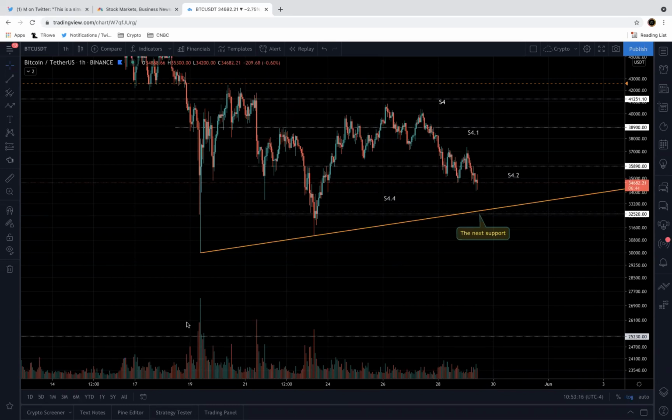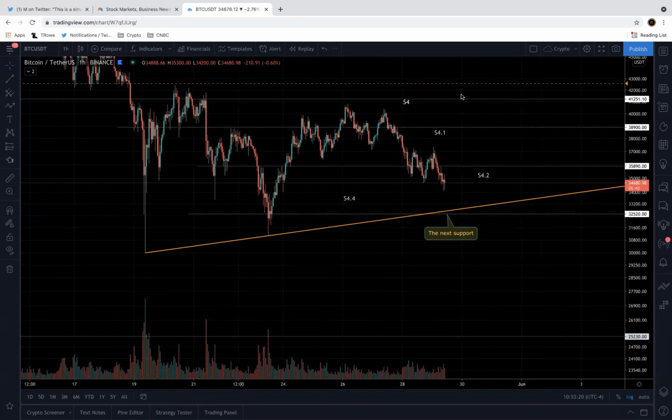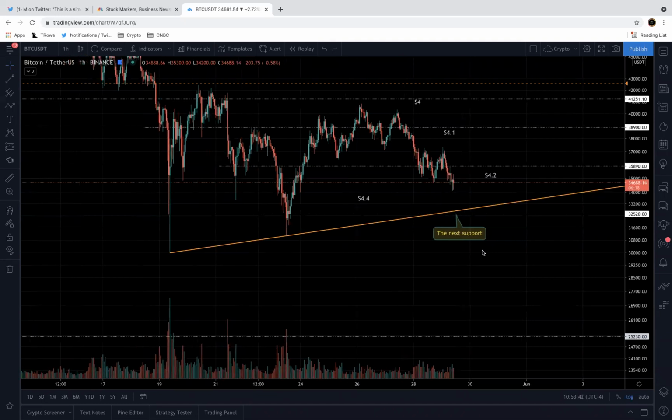So we are going to track this level S4, and S4.4, or these lows, and this is right in the middle. So there's no need to conclude yet. We have to see whether it approaches S4 or approaches this lower level. That will change the balance. So from a price point of view, right now it's at balance.